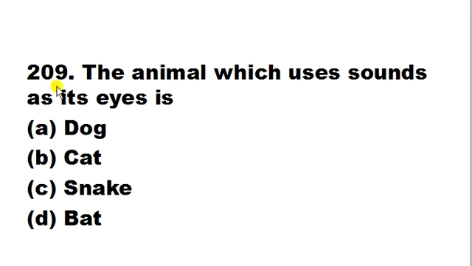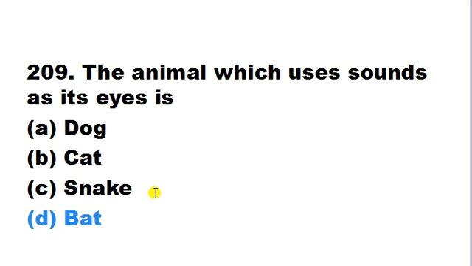The animal which uses sound as its eye is dog, cat, snake, bat. Its correct answer is D. That means bat is the animal that uses sound as its eye. And what does the bat do? Bats are actually not blind, but their eyes see best in dim light, and bats usually use sounds and echoes instead of eyesight to find their way around at night.